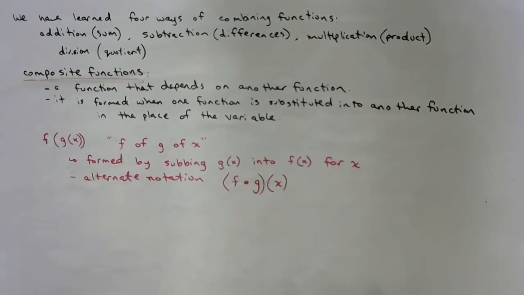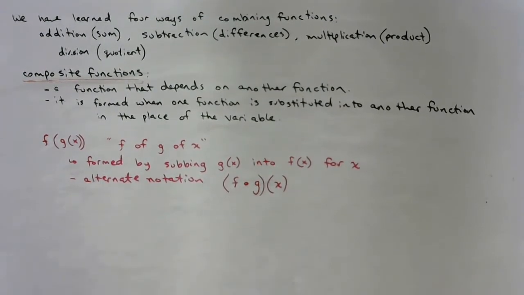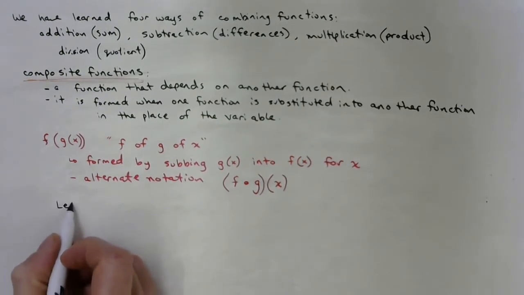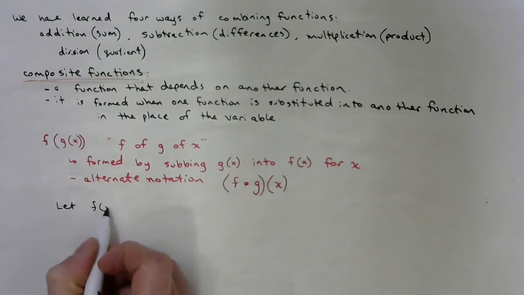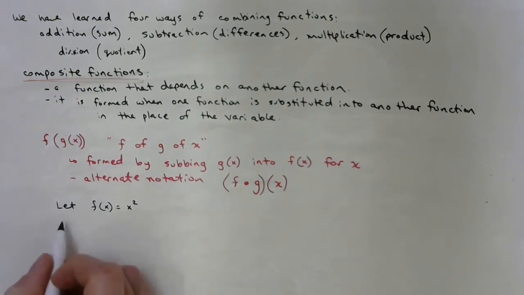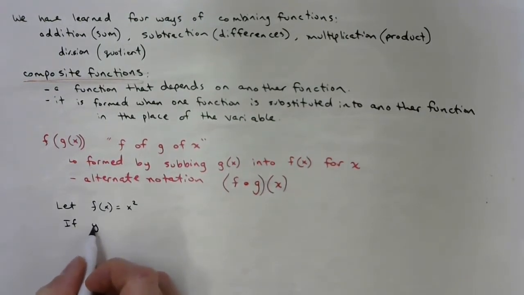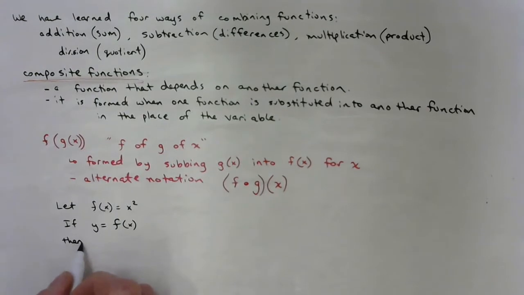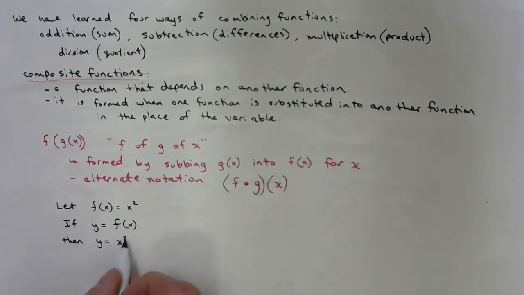Before we get into example 1, I'm going to give kind of a little pre-example, okay? In example 1, you have this. You have let f of x equal x squared, okay? Now, if y equals f of x, that's easy. We know y then equals x squared.